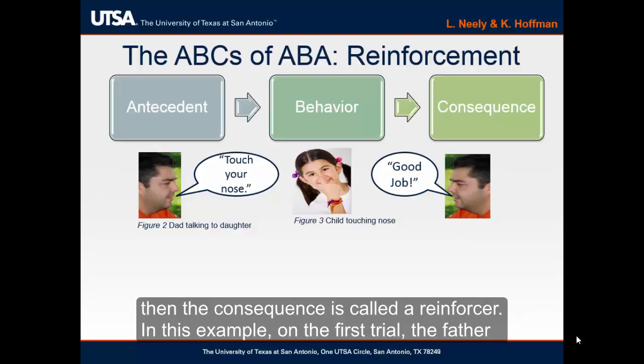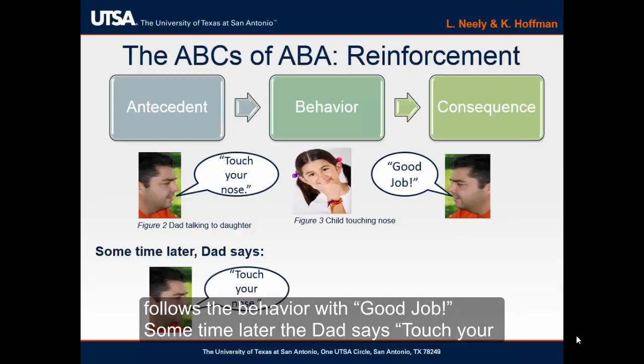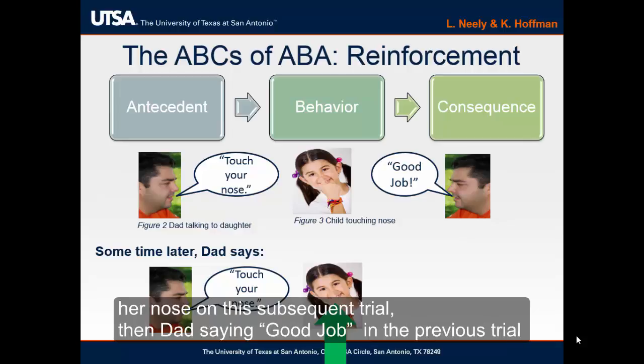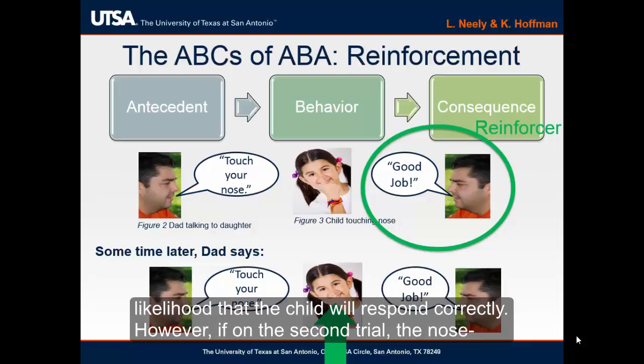In this example, on the first trial, the father follows the behavior with "good job." Sometime later, the dad says, "Touch your nose." If the child is more likely to respond by touching her nose on this subsequent trial, then dad saying "good job" in the previous trial is considered a reinforcer and can be used again to further increase the likelihood that the child will respond correctly.